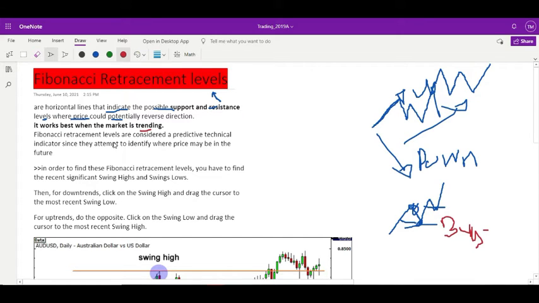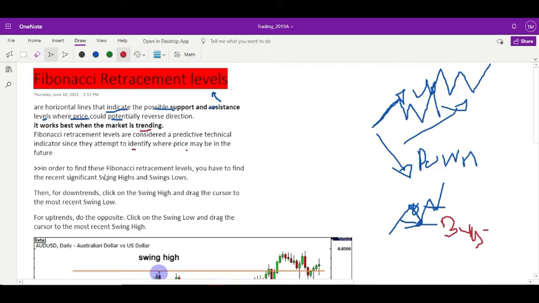So Fibonacci retracement levels are considered predictive technical indicators, since they attempt to identify where the prices may be in the future. We know that it's rallying up or it's rallying down, so we are anticipating this price will go in this kind of direction, right?